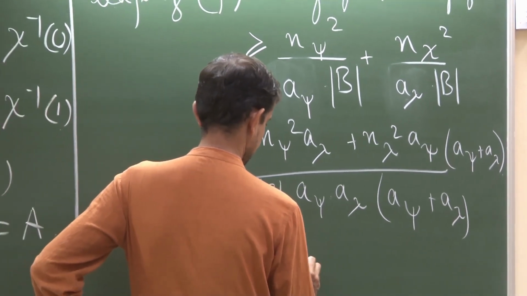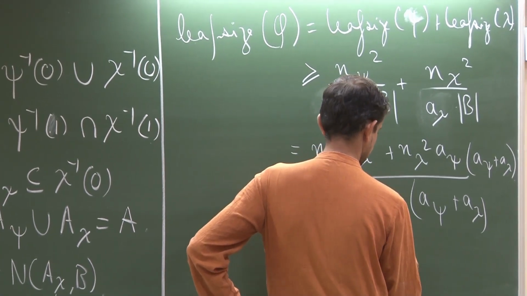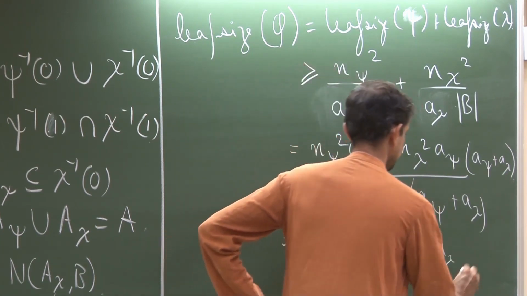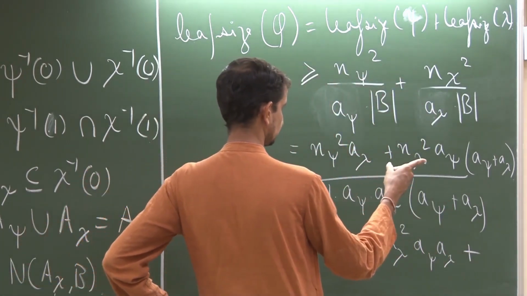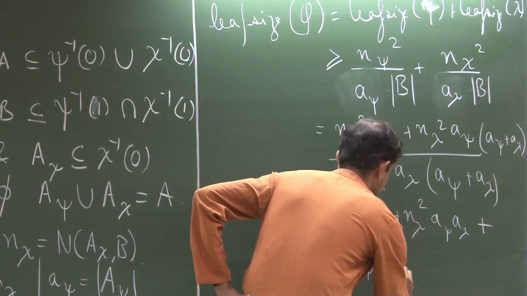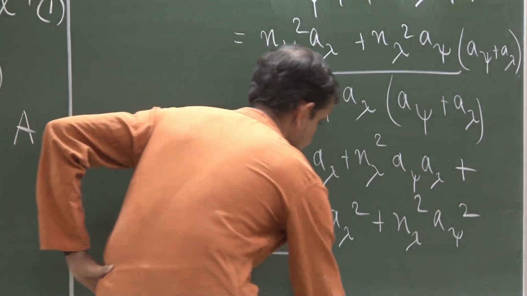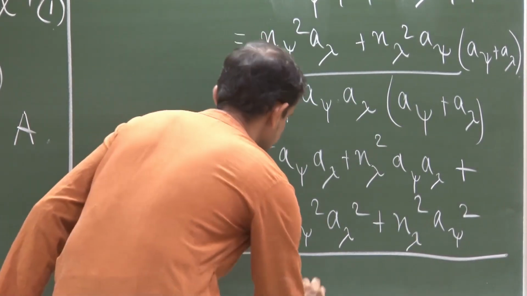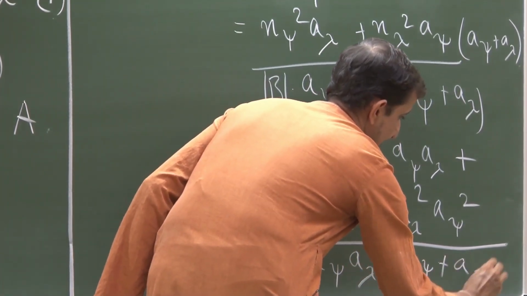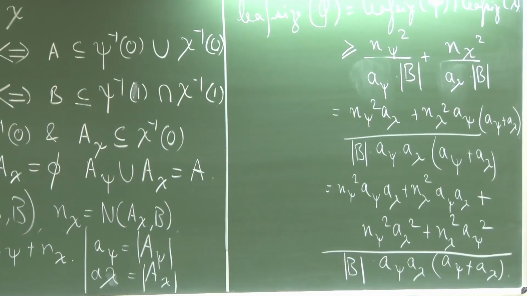So, if we expand the numerator, we get n_psi square a_psi a_chi plus n_chi square a_psi a_chi plus n_psi square a_chi square plus n_chi square a_psi square, whole divided by B a_psi a_chi times a_psi plus a_chi. Okay. Now, look at this term over here.